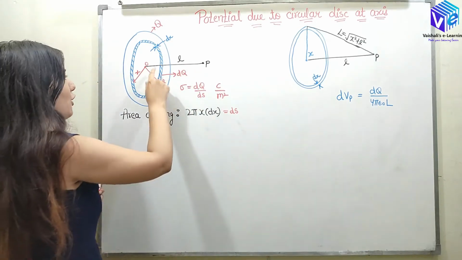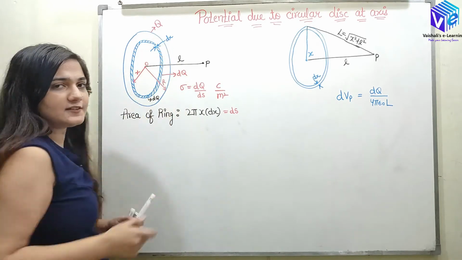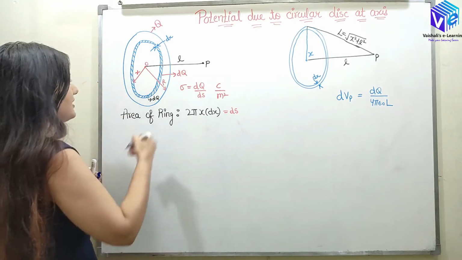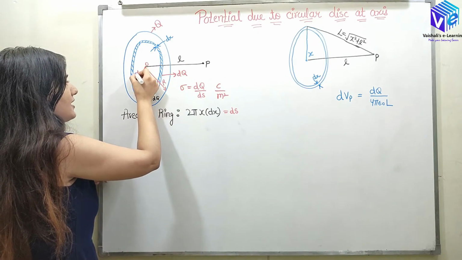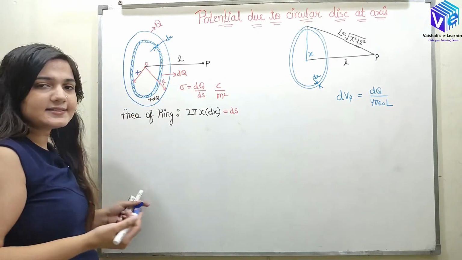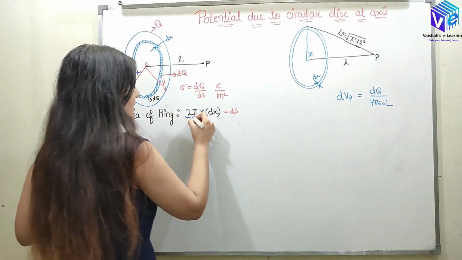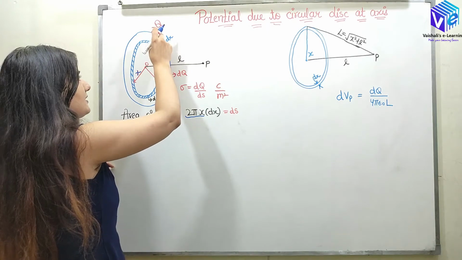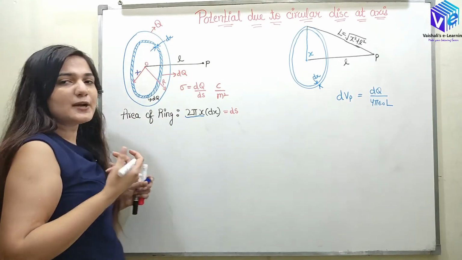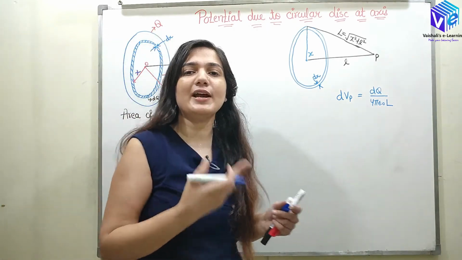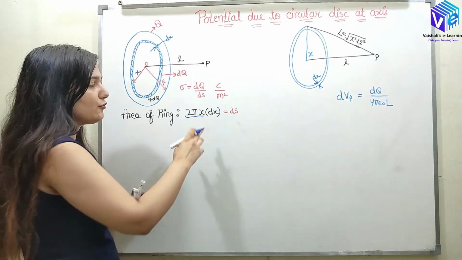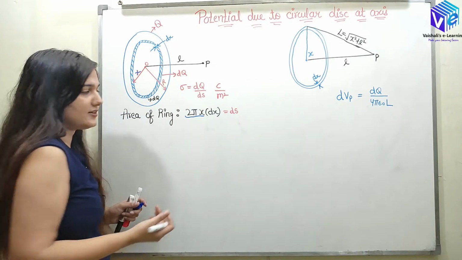If I talk about the area of this ring, what will be the circumference? This ring is at the x distance from the center, so the circumference is 2 pi into x. If I multiply the circumference with the width, because the width is very small, we are directly multiplying the circumference with the width to find out the incremental surface area.